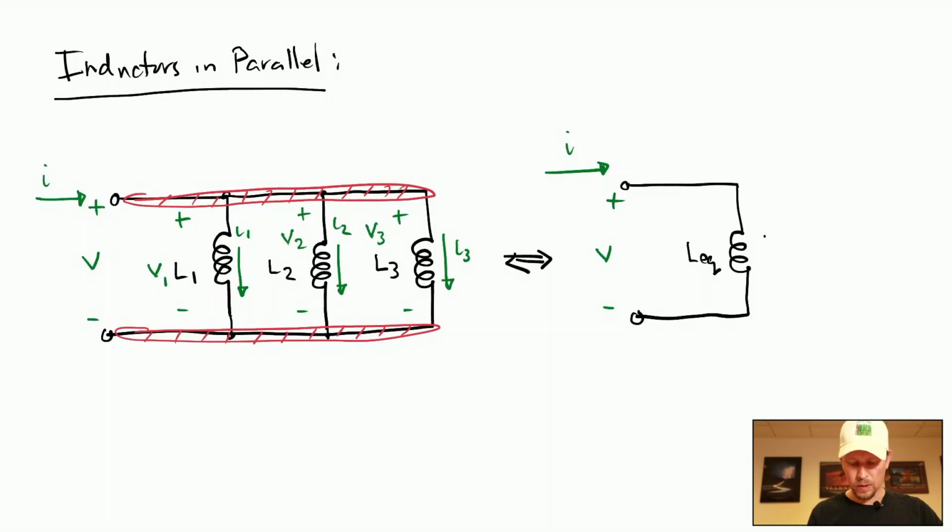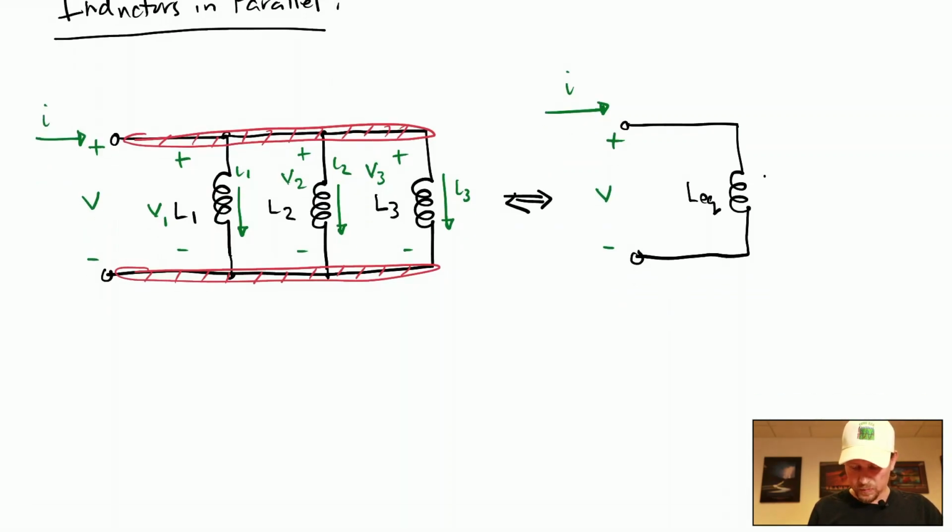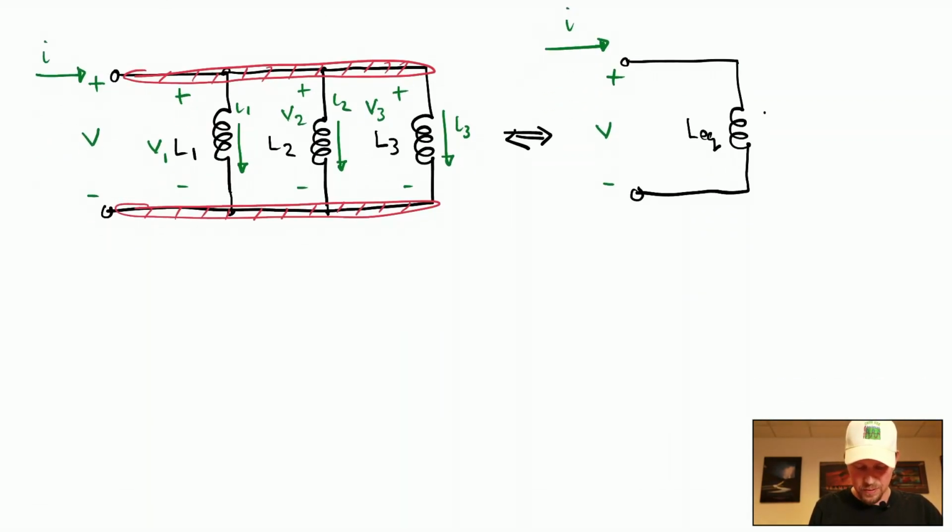Now, hopefully, one of the things that you can see is there are quite a number of loops here. And I'm not going to do this explicitly. Hopefully, you've seen enough circuit analysis to be able to recognize this. Notice that there are quite a number of loops like this.